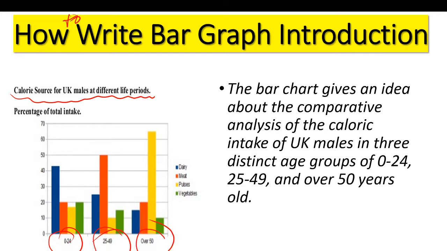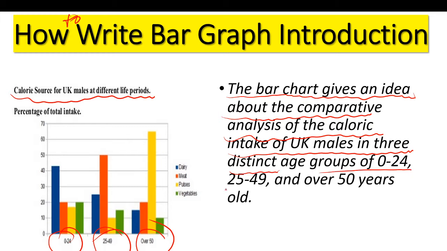The bar chart gives an idea about the comparative analysis of the caloric intake of UK males in three distinct age groups: 0 to 24, 25 to 49, and over 50 years old. So what exactly do you need to do?